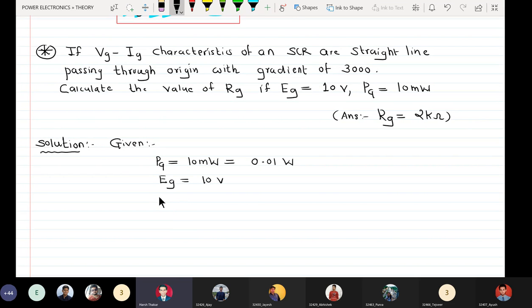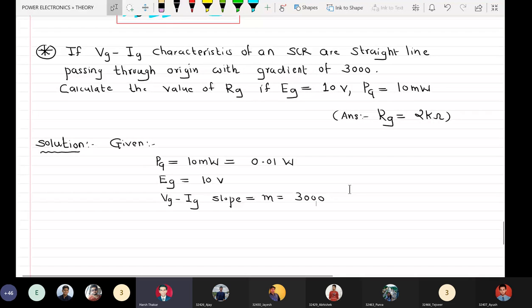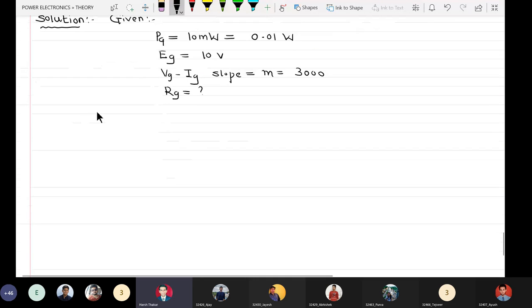Given slope equal to m equal to 3000, and Rg is to be found out.